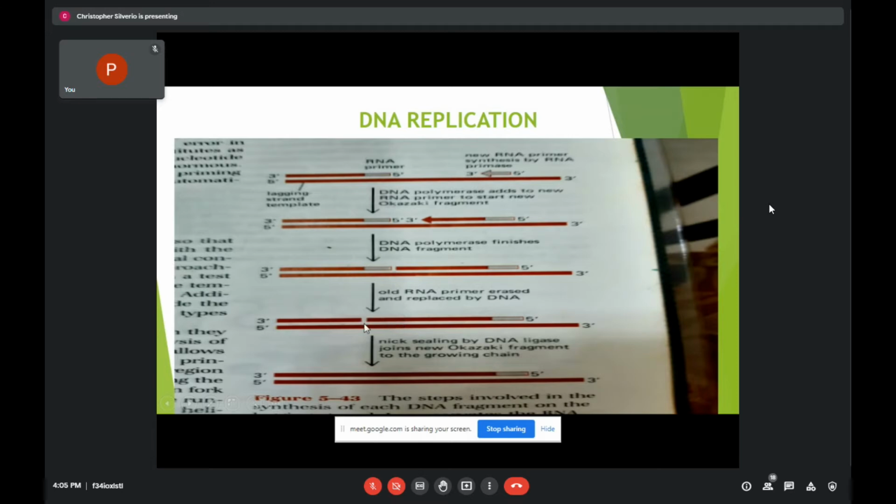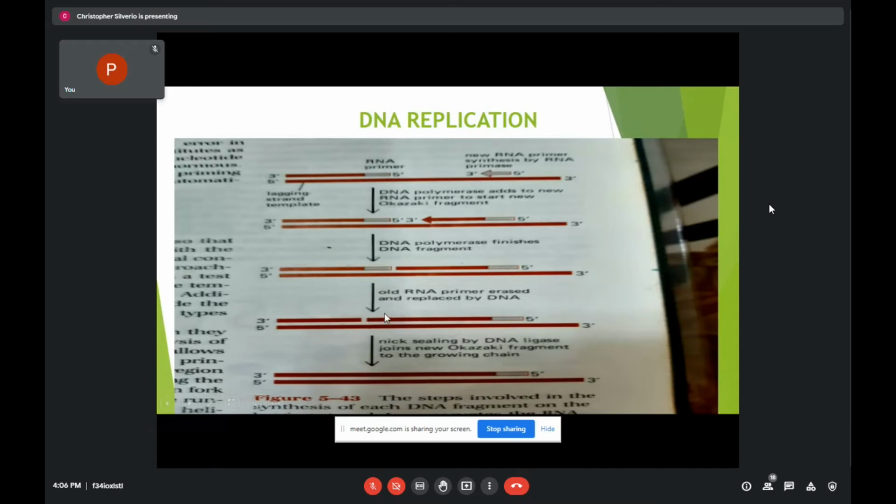But there is what is known as a nick. These two Okazaki fragments will be linked or joined. And what is responsible for joining the two Okazaki fragments?